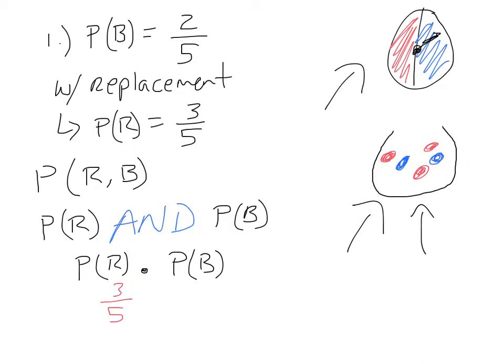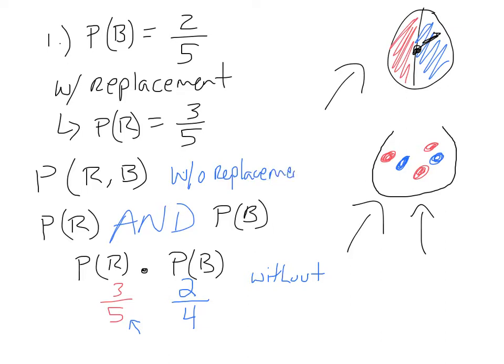Because if it's without replacement, how many blue marbles are there? 2. But if we chose one already, we only have 4 marbles remaining. So this would be without replacement.